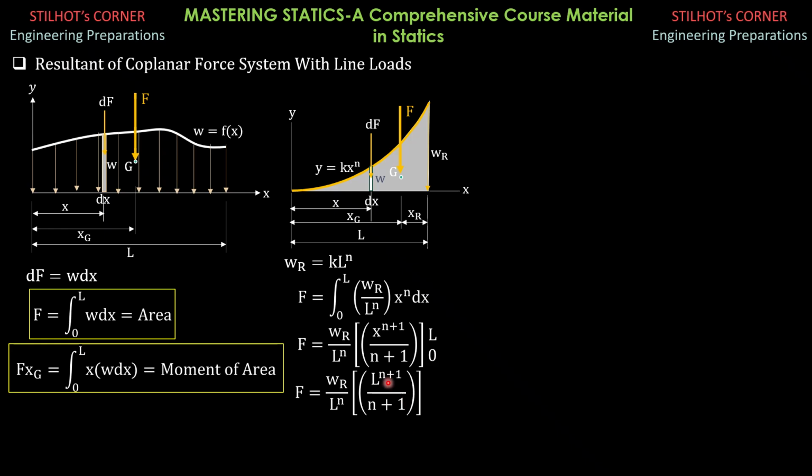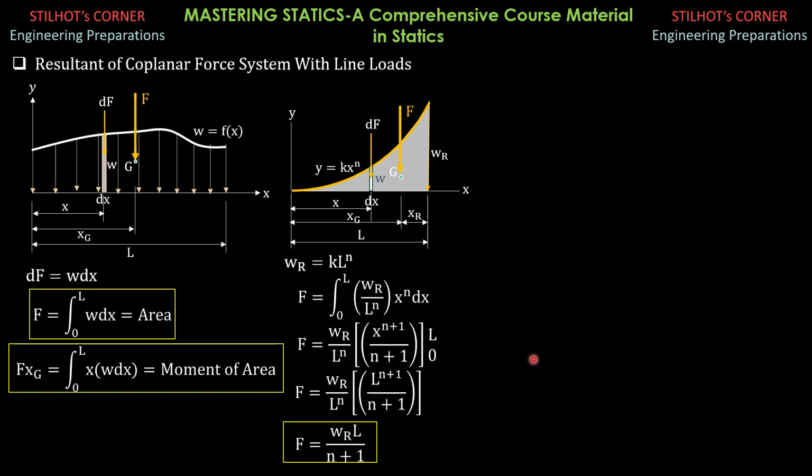Take note that L to the n plus 1 can be written as L to the n times L. So we can cancel L to the n, leaving L to the n plus 1 over L to the n as just L. Therefore, the force, which is the area under this line load diagram, is simply the product of WR, intensity of the load, and L divided by n plus 1.